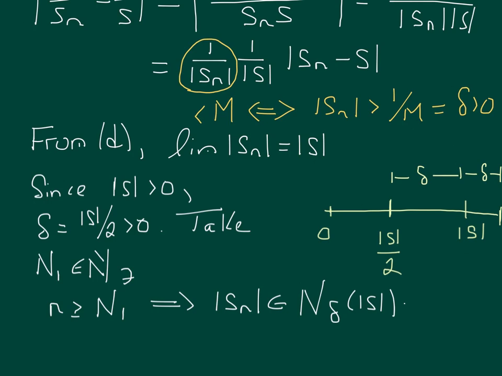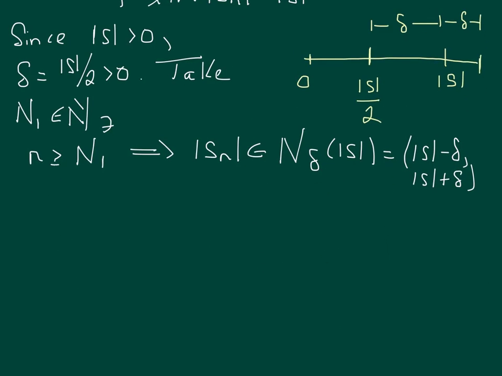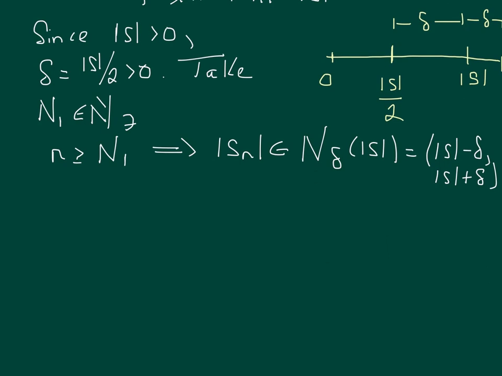Well, this is the set with the absolute value of S minus delta as the left endpoint and the absolute value of S plus delta as the right endpoint, which is equal to, because delta is the absolute value of S over 2, well, the absolute value of S minus the absolute value of S over 2 is the absolute value of S over 2.